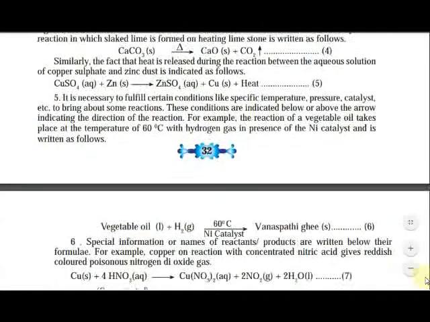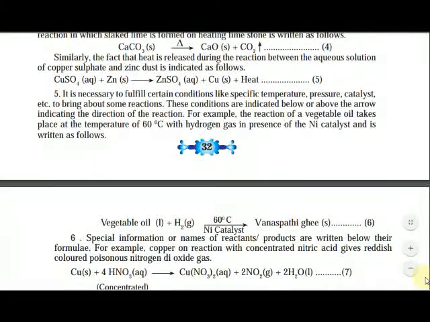Vegetable oil, which is in liquid state, so write down liquid state in front of it, plus hydrogen gas. What is the formula of hydrogen gas? H2. So g is written in front of it, gives out vanaspati ghee, which is in solid state, at 60 degrees Celsius in the presence of nickel catalyst.